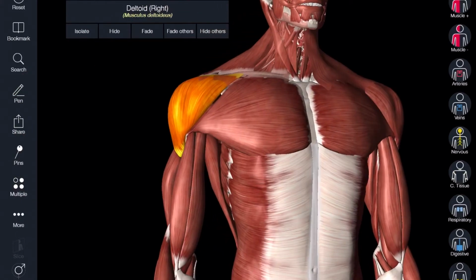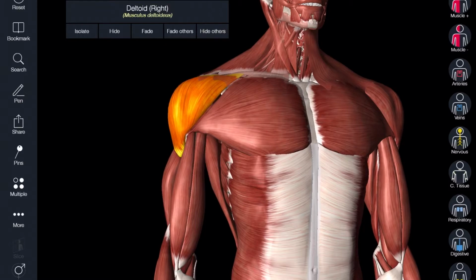And so the anterior fibers do shoulder flexion, shoulder or glenohumeral medial rotation, and horizontal adduction. Now in your book, what I call horizontal adduction, your book calls horizontal flexion. But the idea is that it's moving the arm into that flexion position, but through the horizontal plane.